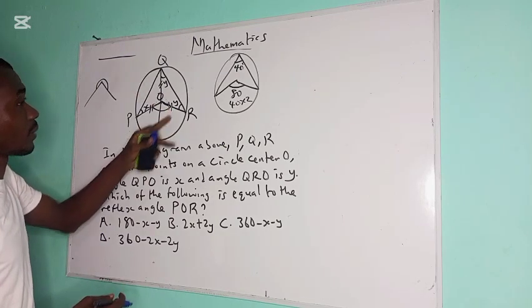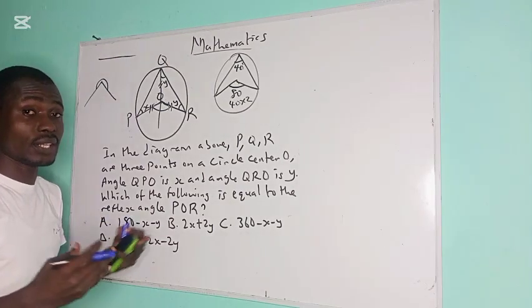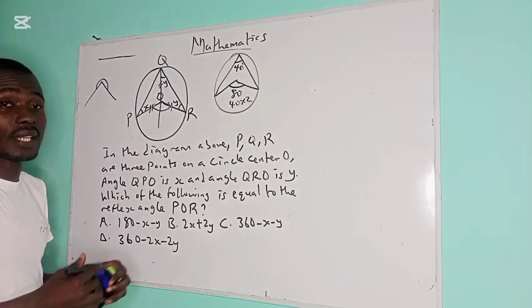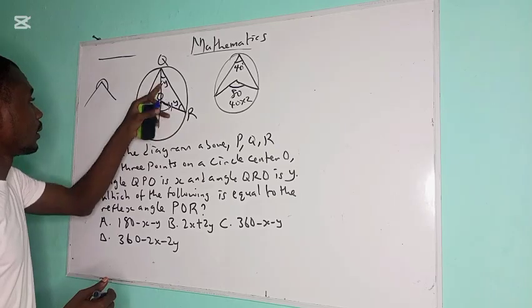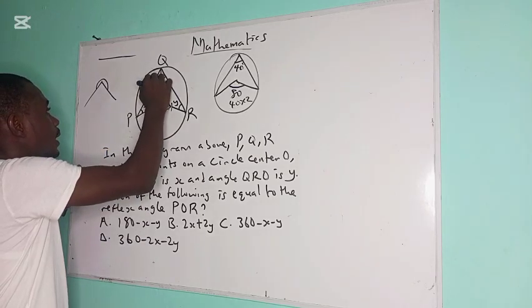Any triangle with two equal sides we call an isosceles triangle. So if this one is x, this also will be x.